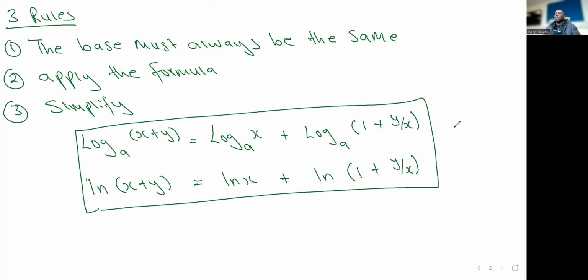This is the formula to apply. When you have the addition law, it's the log of the first number plus the log of 1 plus the second number divided by the first. The same thing with ln: ln of the first number plus ln of 1 plus the second number divided by the first.